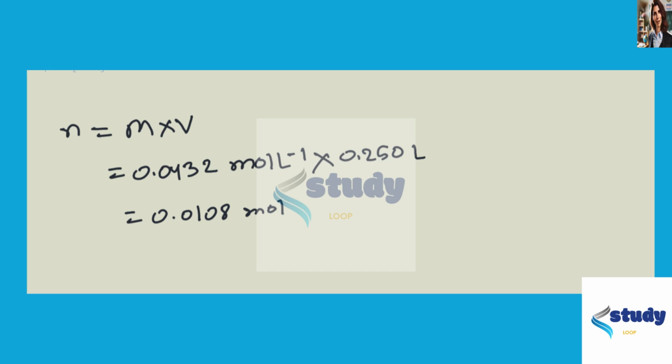From the number of moles, you can find the mass of the reactant. That will be just the number of moles times the molar mass. So the number of moles here is 0.0108 mole times the molar mass of the reactant pH3BCl3, which is 150.5 gram per mole.